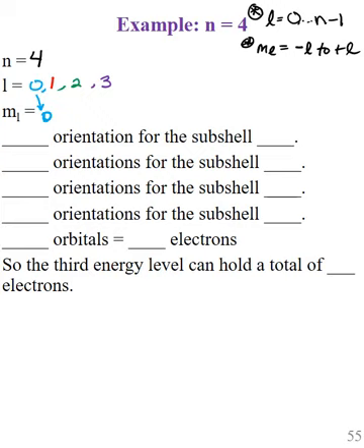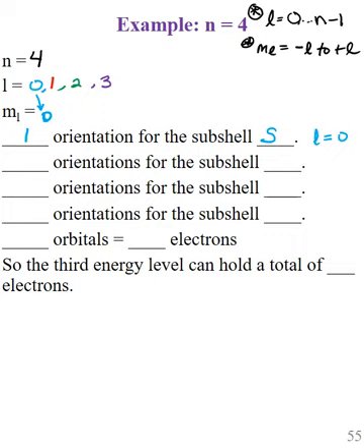Okay, let's kind of do the opposite here. Let's maybe fill it in as we go. We only have one value of M sub L, so we can only have one orientation. If L is going to be 0, what is that subshell notation? It's an S.